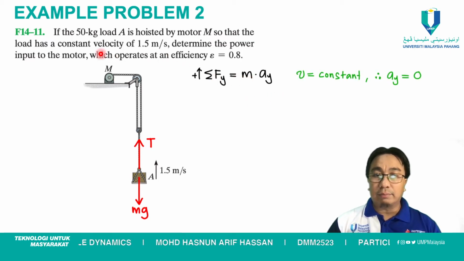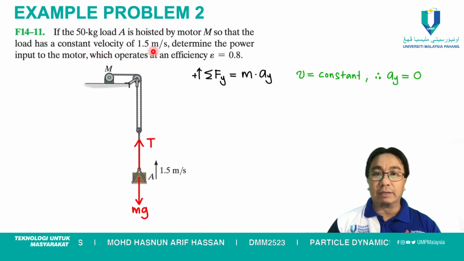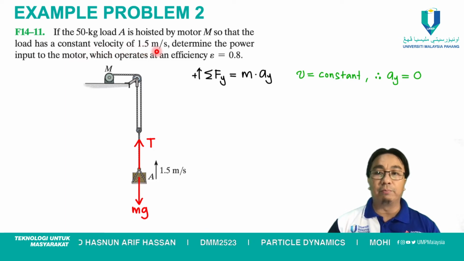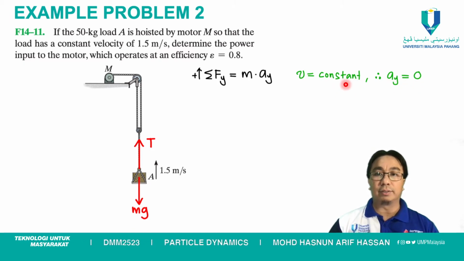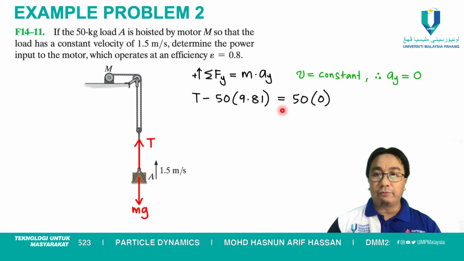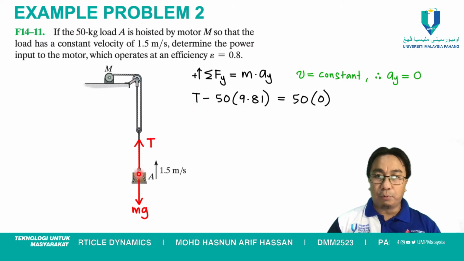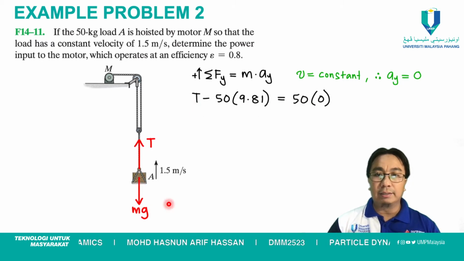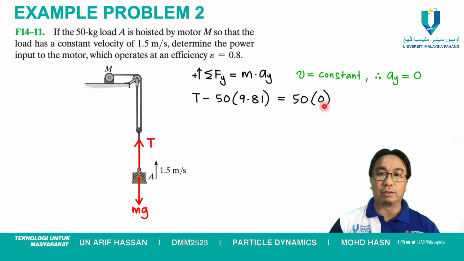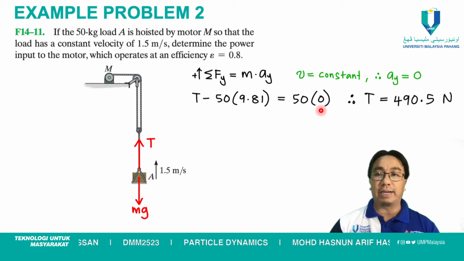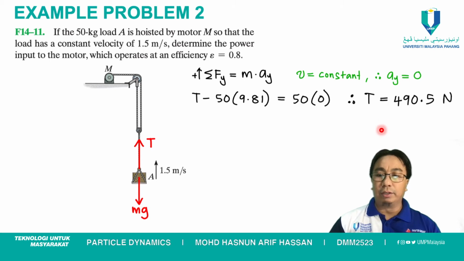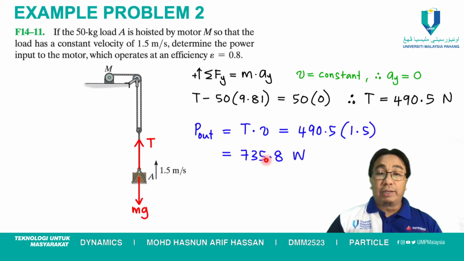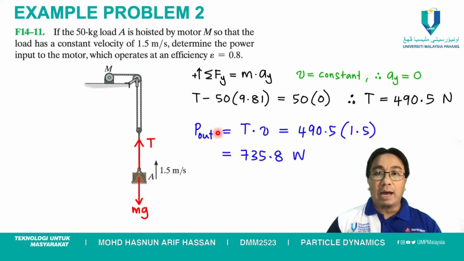And we know the velocity in the y-axis is given as a constant 1.5 meters per second. Therefore, a_y equals 0 because v is constant. Okay, so we have the tension pointing up positive minus the weight, 50 times 9.81, equals 50 times 0, which equals 0. So we have the tension equals 490.5 Newton.